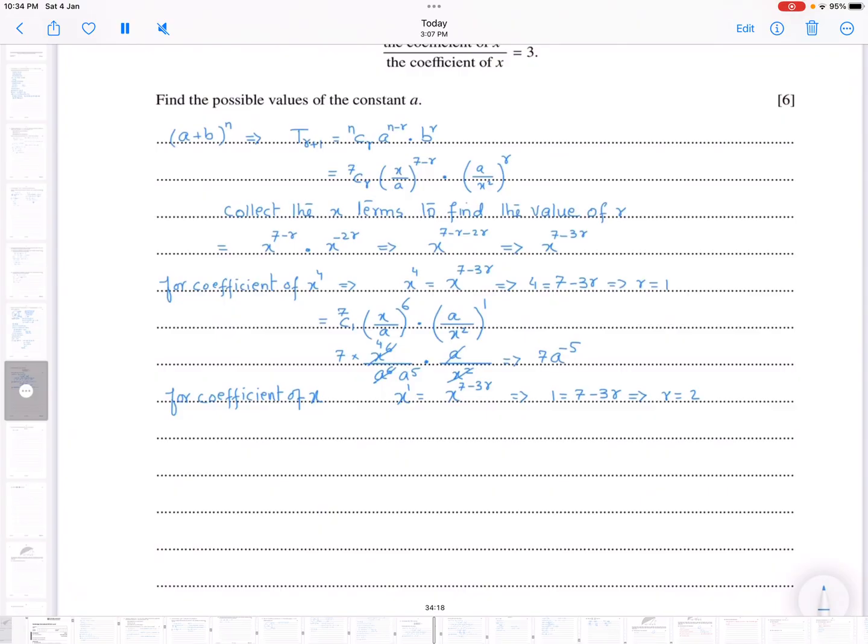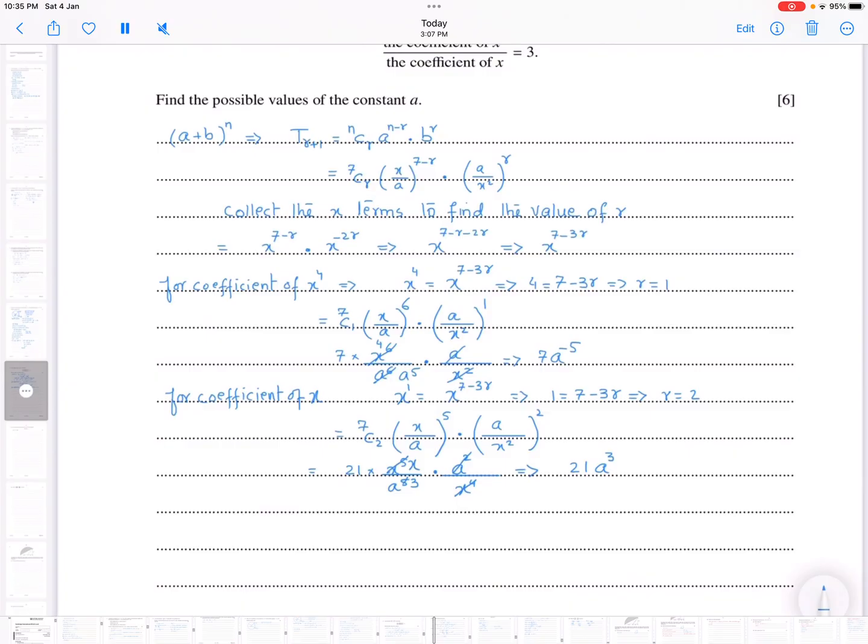Now use this r equals 2 to find the coefficient of x: 7C2, x over a whole power 5, and then a over x squared whole power 2. Now 7C2 is 21. Simplify all this, so 21a power minus 3.